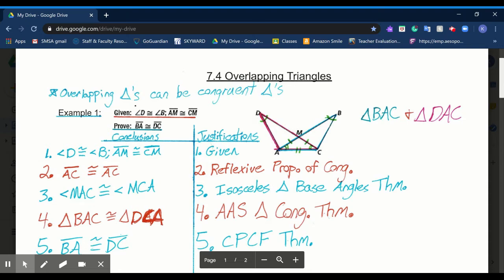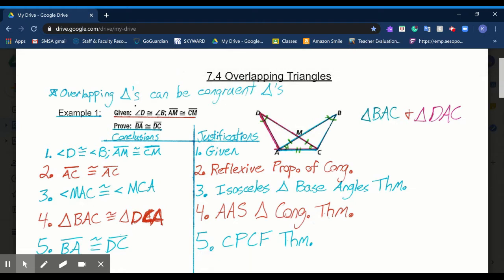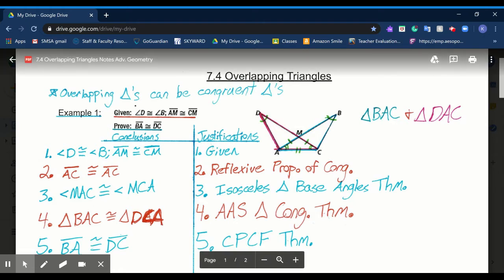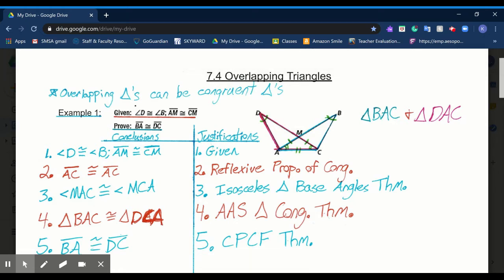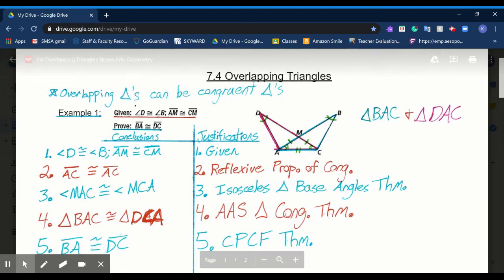So when I look at this image, what I notice when I'm trying to prove segment BA is congruent to DC, BA and DC are on the larger triangles, triangle BAC and triangle DAC. So what I'm keeping in mind is if I can prove those larger triangles are congruent, then those corresponding sides of BA and DC are also congruent.